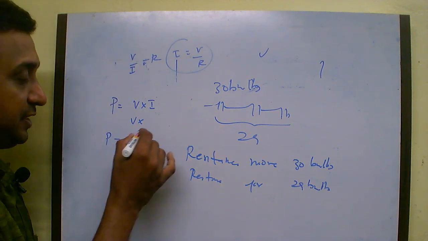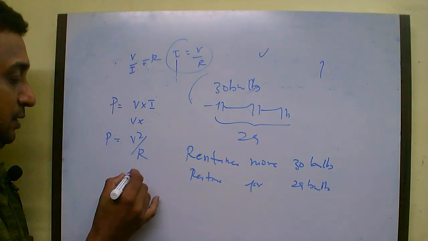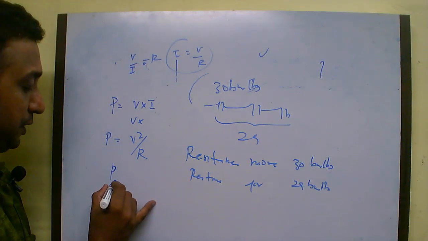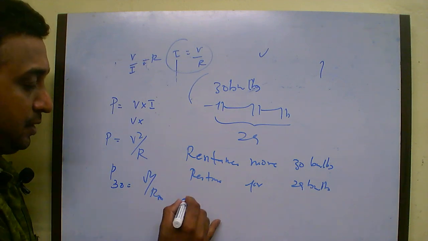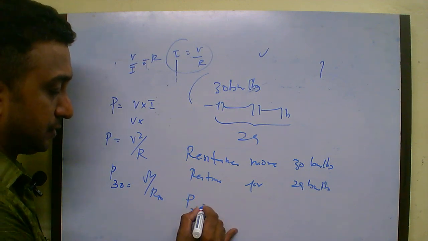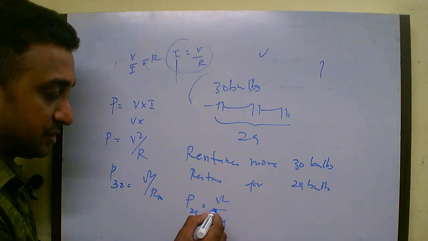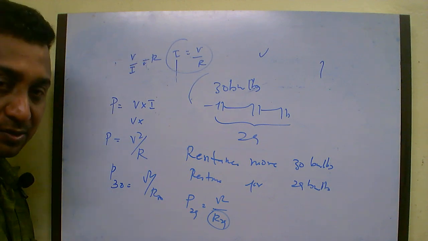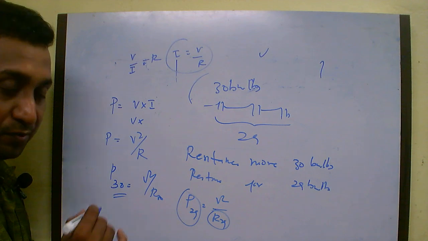So potential applied is the same whether it is 29 or 30 bulbs. So power of 30 is equal to V squared by resistance of 30, and power for 29 is equal to V squared by resistance of 29. Resistance of 29 is less compared to resistance of 30, so obviously power for 29 is more than power for 30.